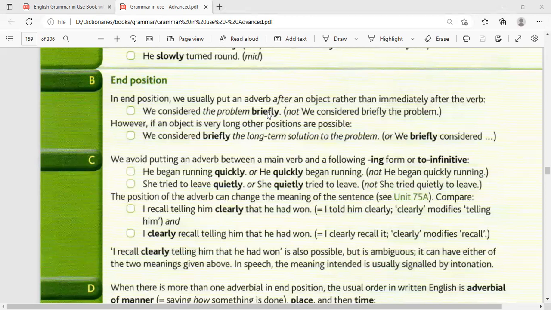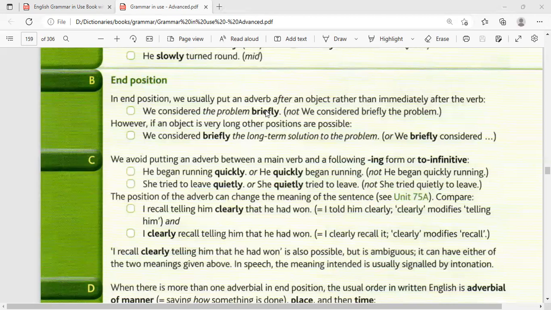When I say we considered briefly the long-term solution to the problem, the subject is we, considered is the verb. Okay? We considered briefly the long-term solutions to the problem.